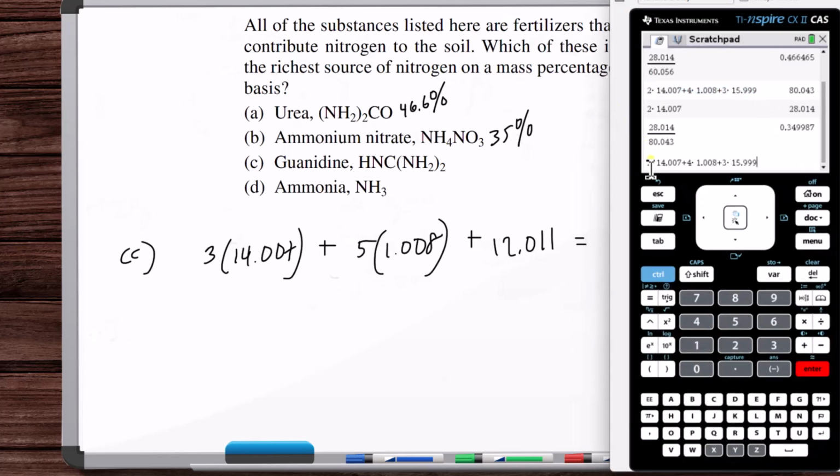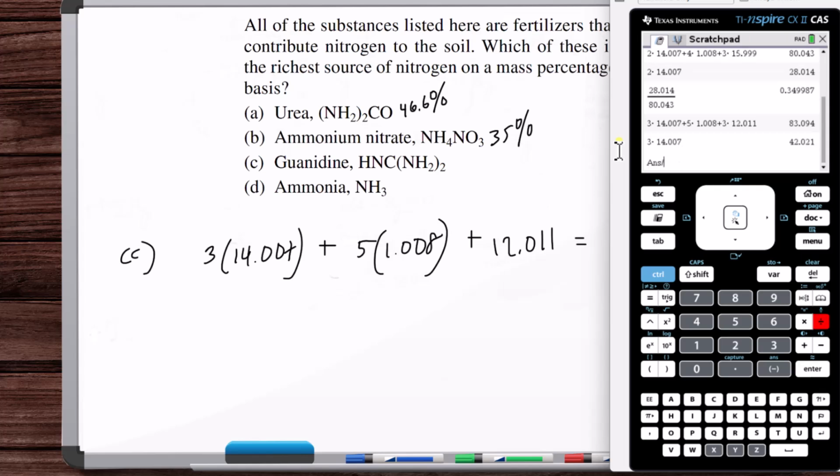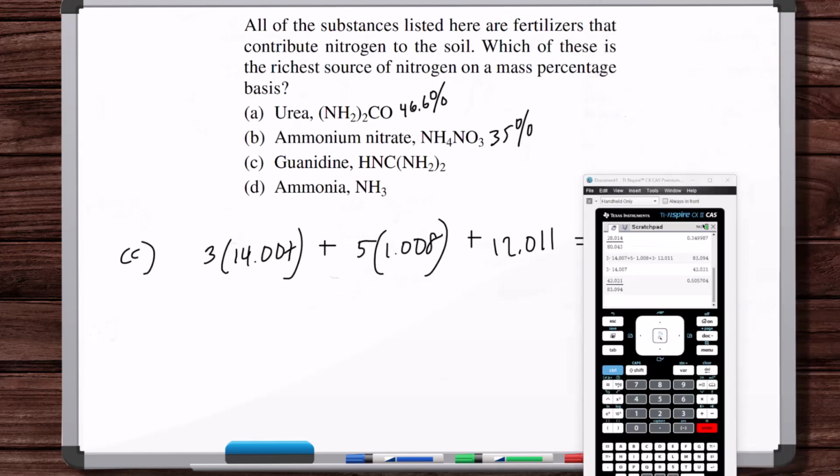So 3 times 14.007, 5 times 1.008, and then the carbon gives 59.094. Now we want to divide the nitrogen weight by this, which gives 50.6%.